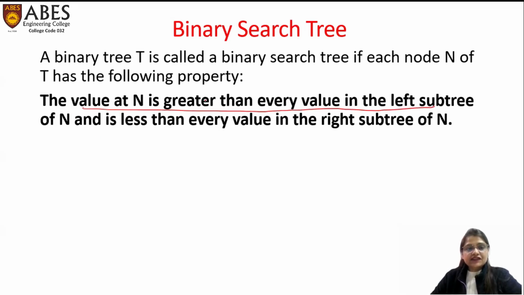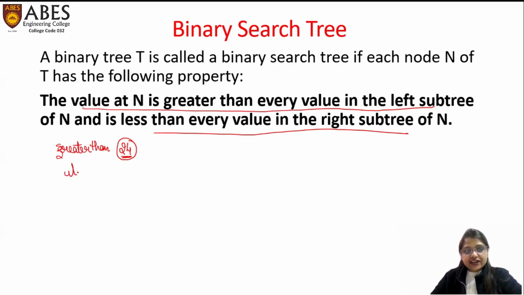Let us understand this definition with the help of an example. Consider a binary tree like this. Let us assume there is a node which has the value 24. Then this value should be greater than its left child, and this value should be less than its right child.